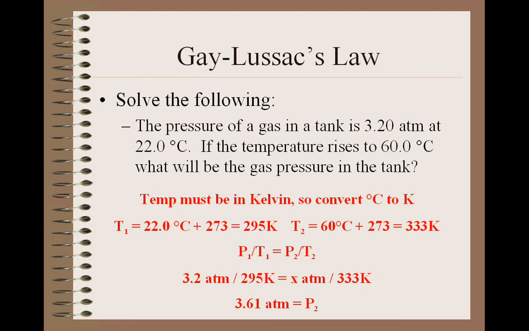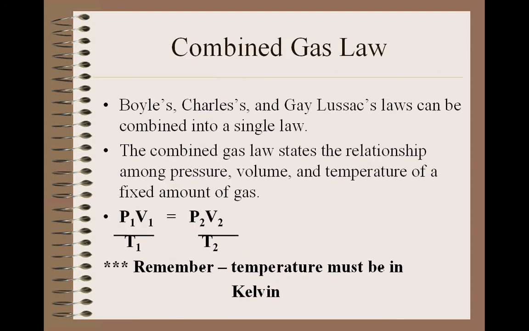T2, 60 plus 273, is going to be 333 Kelvin. So I put 3.2 over 295, and that's going to equal X atmospheres over 333. When I do my algebra, I come up with 3.61 atmospheres for the pressure at 60 degrees Celsius.